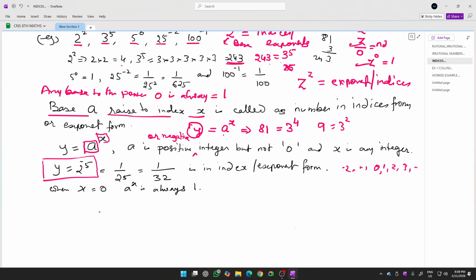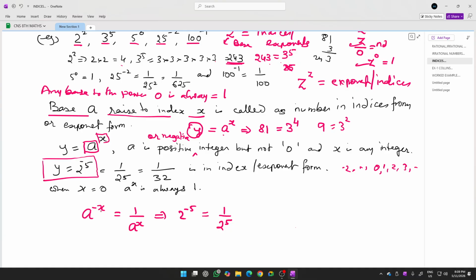Remember there is a rule: if a number is a raised to -x, then this can be written as 1 upon a raised to x. The same thing I have done here: 2 raised to -5 I have written as 1 upon 2 raised to 5, and the -5 becomes +5. Is that clear?